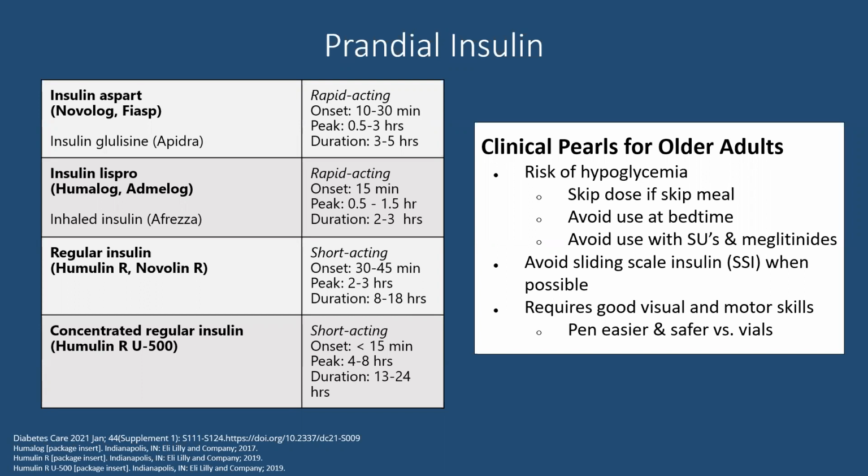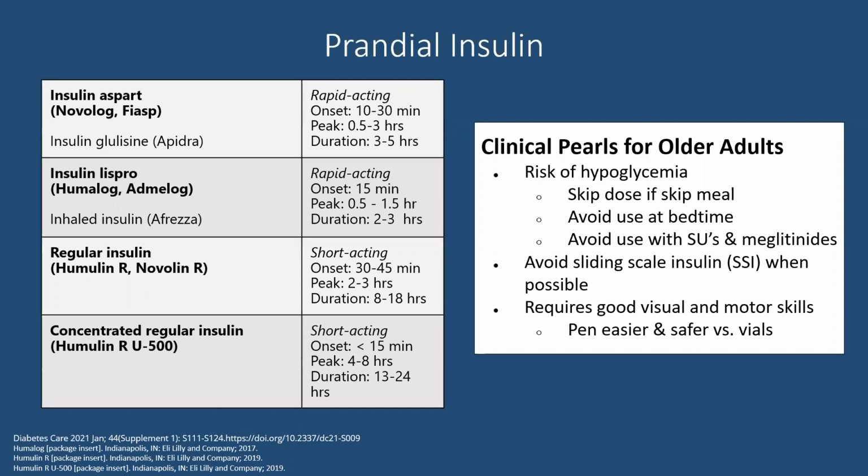Otherwise, you're going to get hypoglycemic. In your older adult who may have a slower start to the day, regular insulin may actually be safer, because you've got a little bit more time before it kicks in, and you need to eat. So that's something to keep in mind.